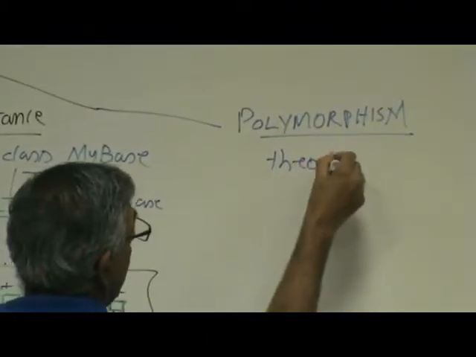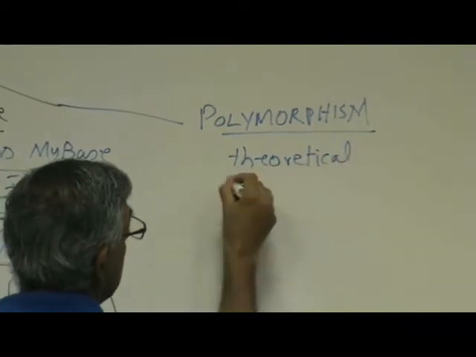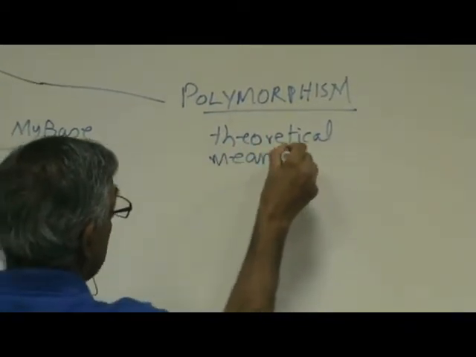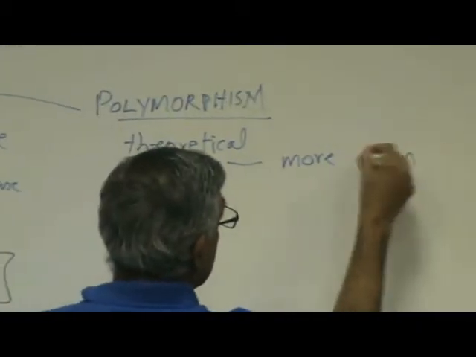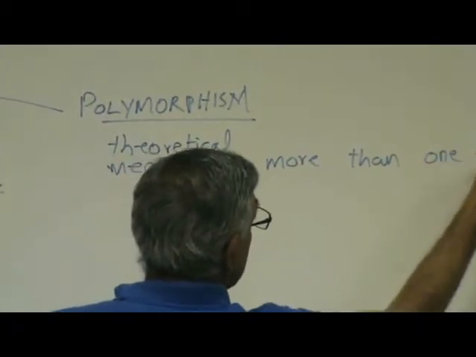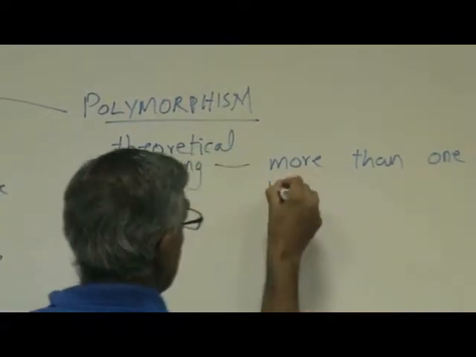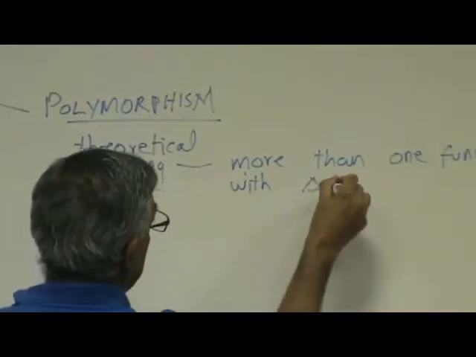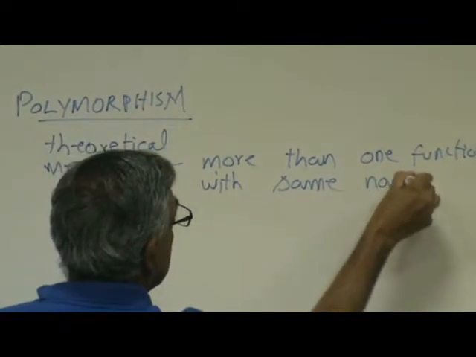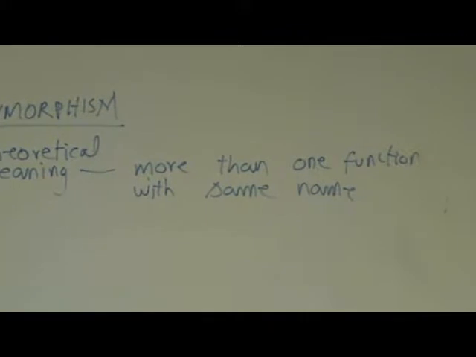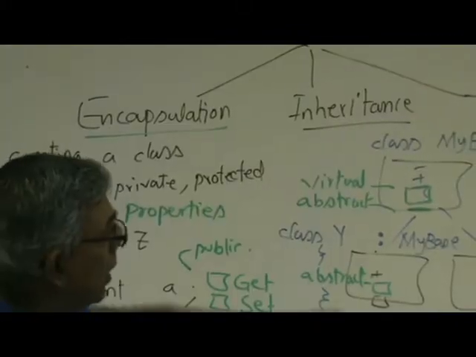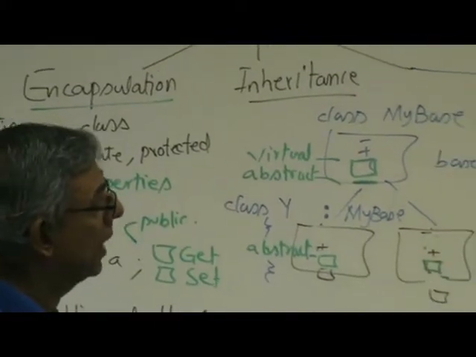The theoretical meaning was more than one function with the same name, correct? So where does this occur? It can occur within the same class. It can occur once we are doing inheritance, meaning writing many classes.